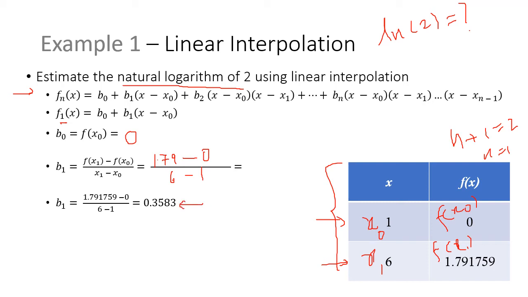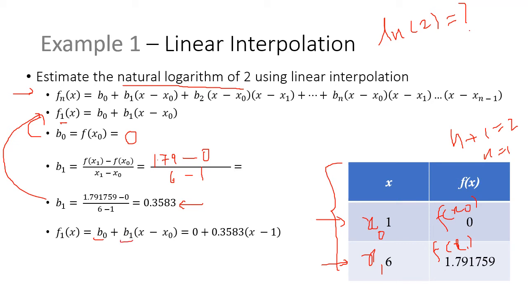Now if you substitute the values of b0 and b1 from here into the formula of f1 of x, then you get that equation. So b0 is 0 and b1 is 0.3583 here. X minus x0 is x minus 1 from the table.